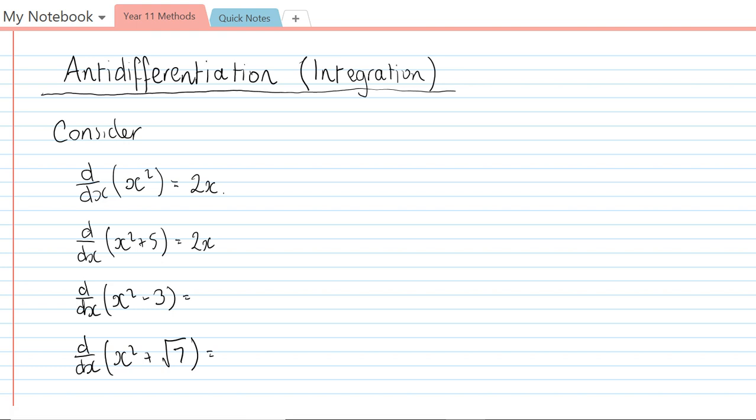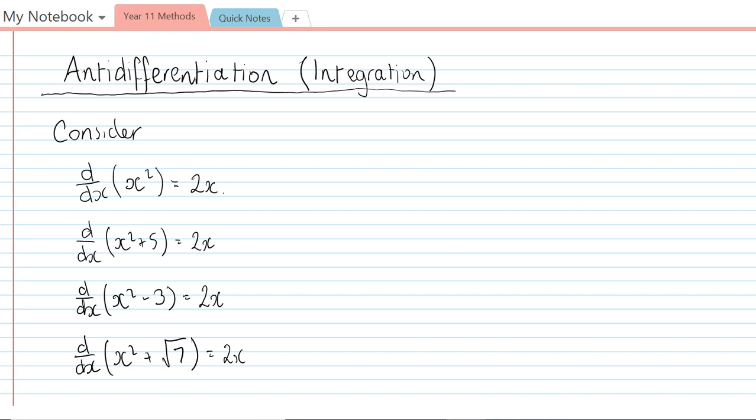The third one, d dx of x squared minus 3, again that's just 2x, because the 3 is just a constant again. And d dx of x squared plus the square root of 7, again the square root of 7 is just a constant, so we're going to be left with 2x. So we can see that when we differentiate that x squared we get 2x. But all of those problems, they all had an answer of 2x.